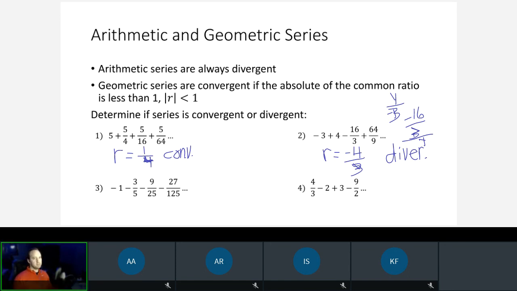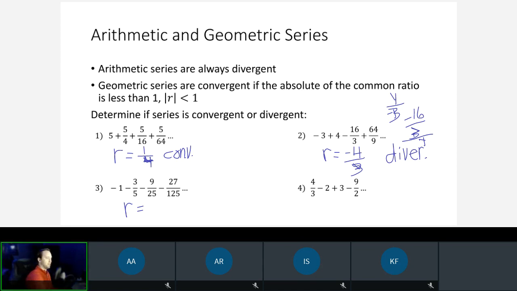Number three, what is that? Geometric or arithmetic? That is geometric. And what is the common ratio? Three-fifths.